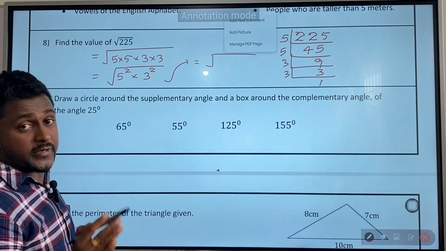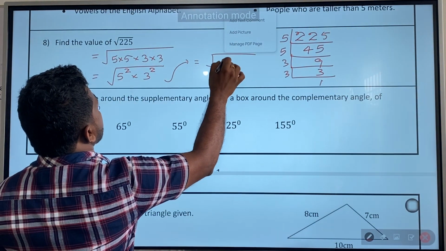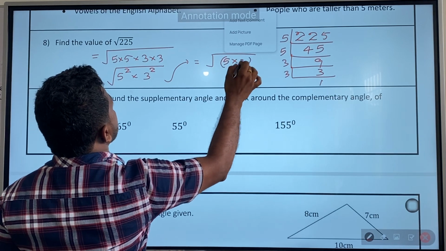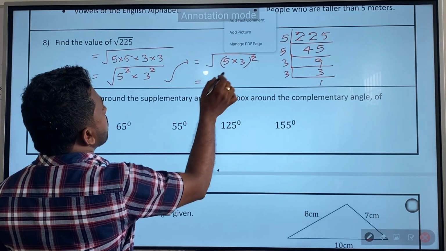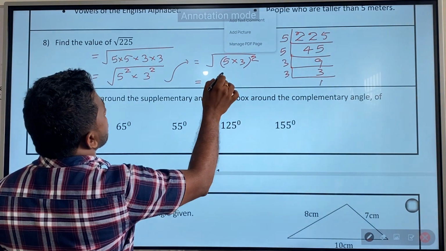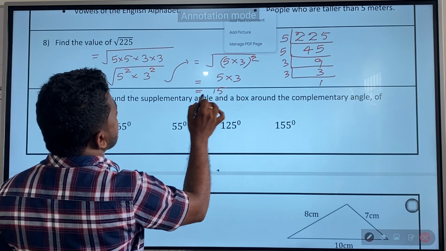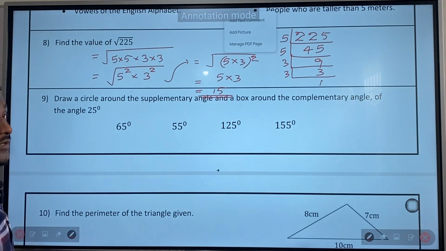We can write it as a power of a product. So 5 into 3 to the power 2. Now we can remove the square root and square at once. So 5 into 3 equals 15. That is the answer.